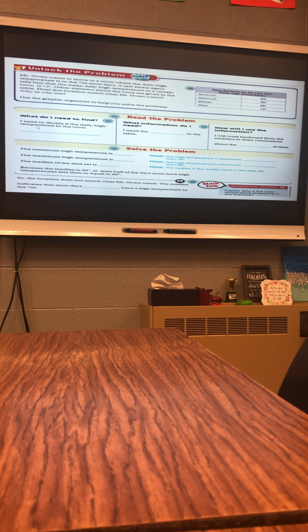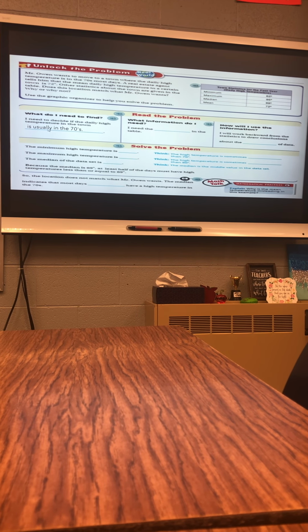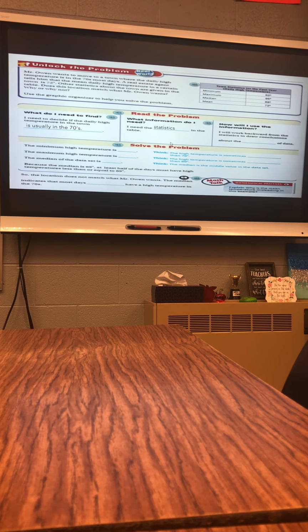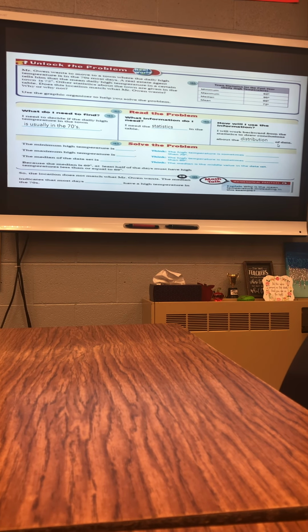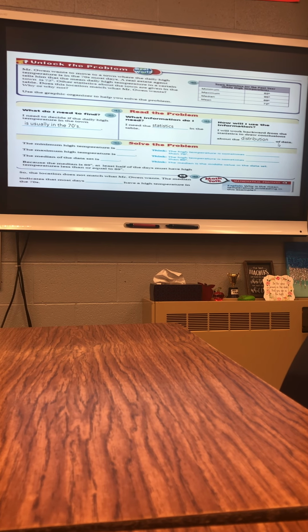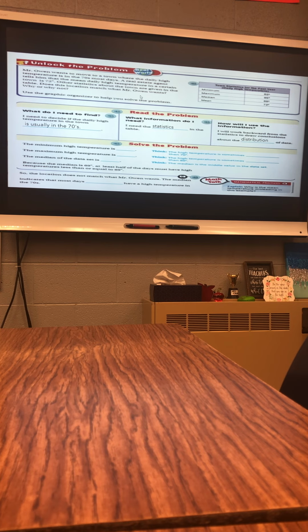So what do we need to find here? We need to decide if the daily high temperature in the town is usually in the 70s. We're going to use the statistics from the table, and we're going to work backwards from the statistics to draw conclusions about the distribution of data. Okay?